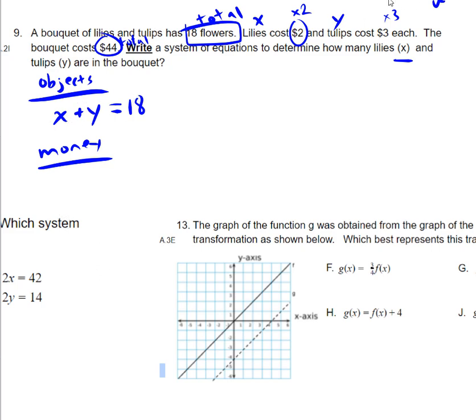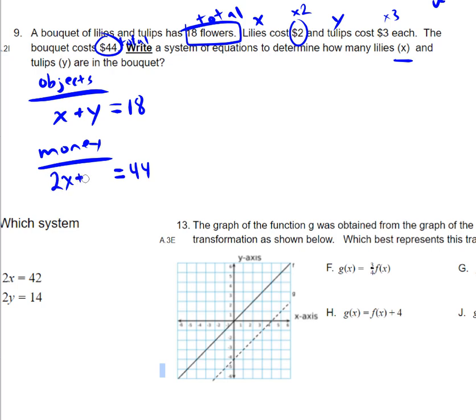Now, the bouquet costs $44. So that sounds to me once again like the total of the money. And that bouquet, the $44, is comprised of two things: the cost of the lilies and the cost of the tulips. So to get the cost of the lilies, not just the lilies themselves, I have my X, but I have to take that X and multiply it by $2 per lily. So it's going to really be 2X.